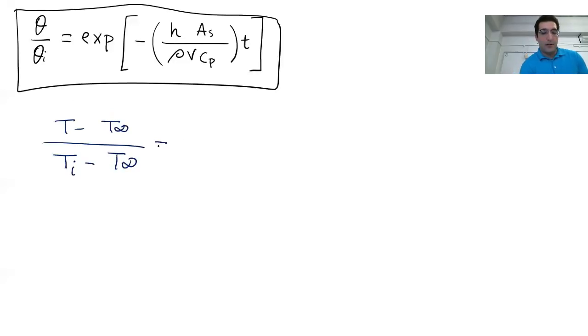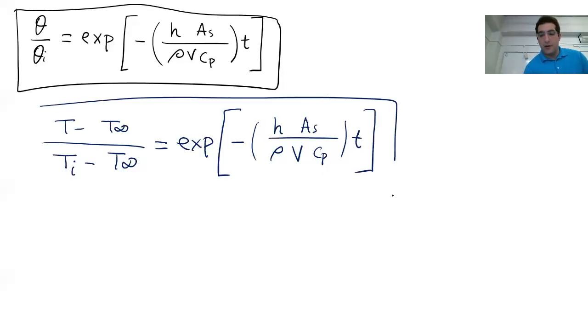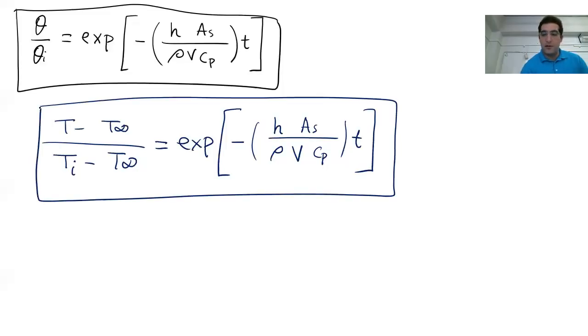That's the left-hand side equal to exponential function, or e to the power of, minus a constant, because h is constant, A is constant, density is constant, volume is constant, Cp is constant, times time. So this is the final form we're going to use today in this chapter, and everyone really should be comfortable using that.